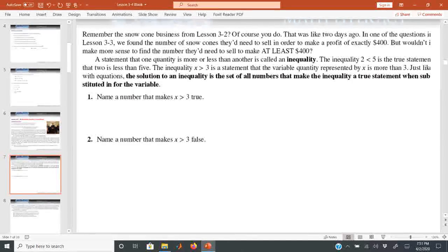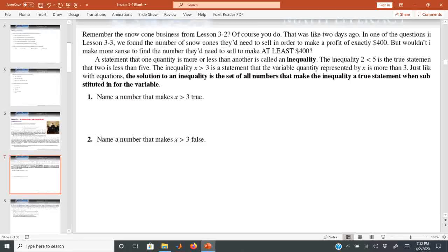We're going to use inequalities to work with that. In lesson 3-3, we were solving equations. We're actually going to be solving inequalities in this lesson. So to do question 1, when you're done, restart the video.